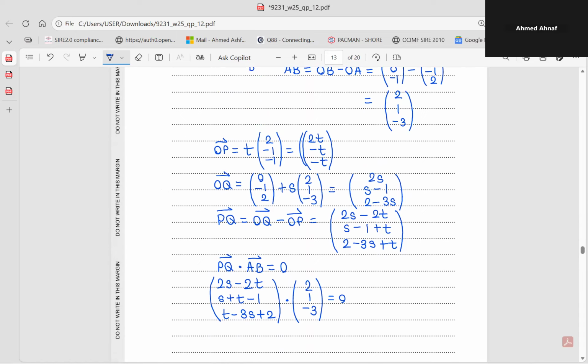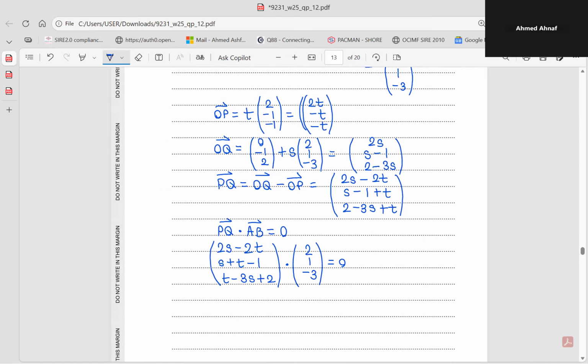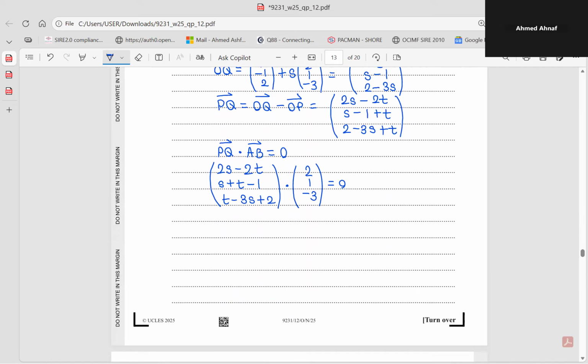Oh no. What the heck? Okay. So 4s minus 4t plus s plus t minus 1 minus 3t plus 9s minus 6 equals 0.